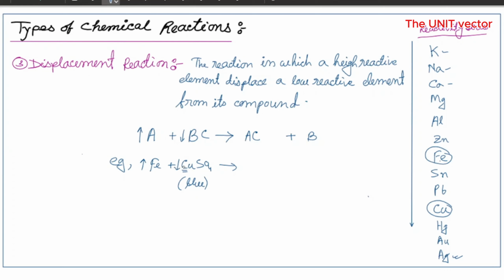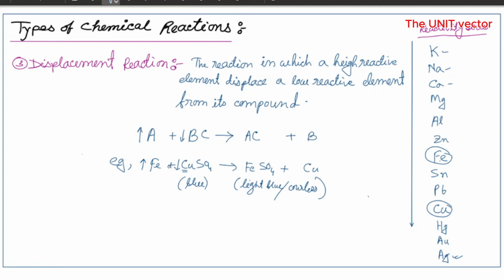So iron will displace copper from its compound copper sulfate and it will form FeSO4, iron sulfate solution, and copper will be displaced. And the color of iron sulfate is light blue or approximately colorless.